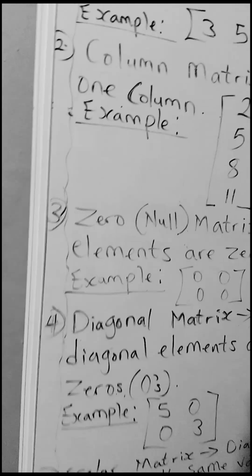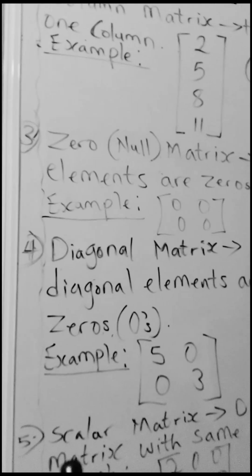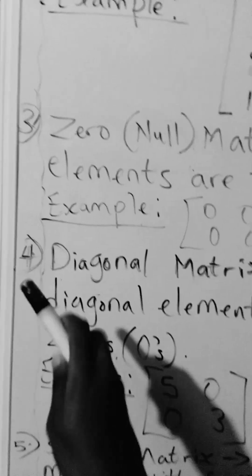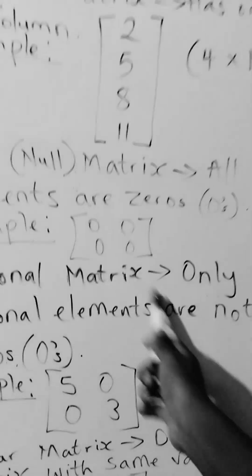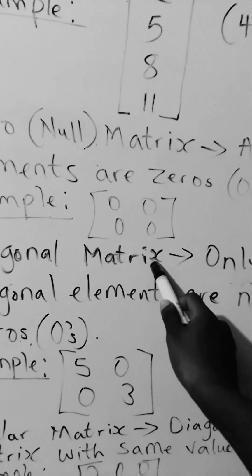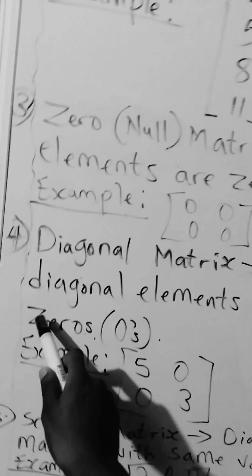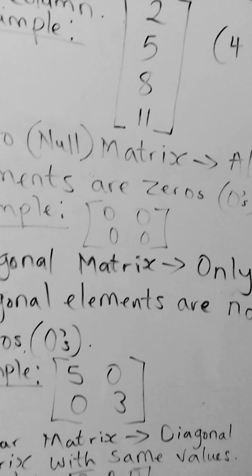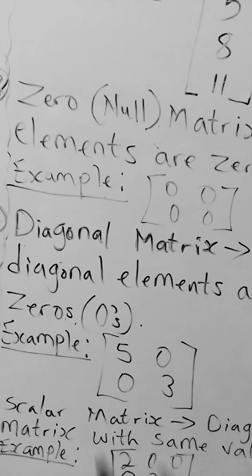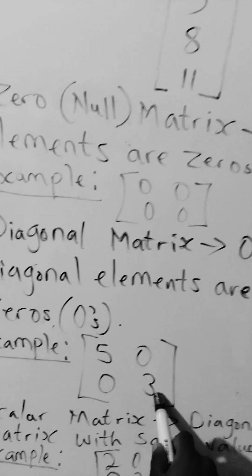Now let's look at the fourth kind of matrix that we have here. The fourth type of matrix is called the diagonal matrix. What is a diagonal matrix? A diagonal matrix is a type of matrix where only the diagonal elements are not zeros. What do we mean? First of all, what are the diagonal elements? The diagonal starts from the top left down to the bottom right.